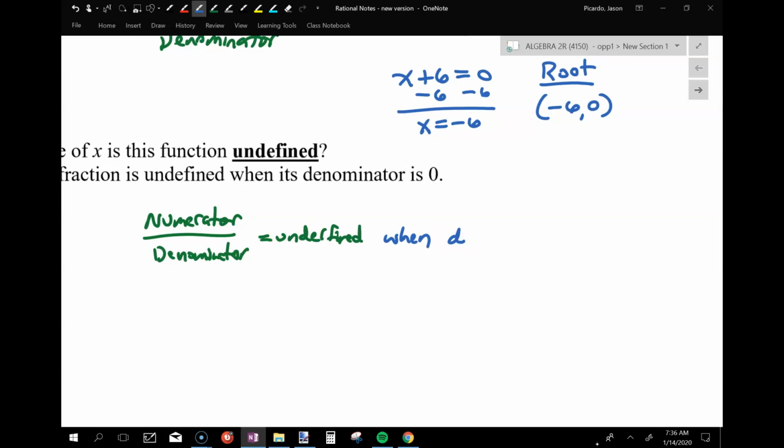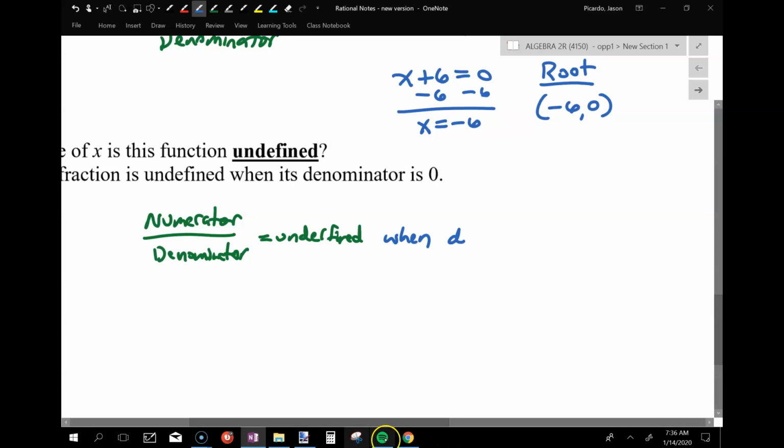Because why? We're never allowed to have the denominator equal 0. And so if it does, the function is undefined, right? Undefined. All right, so in this case, it's x minus 3, right? So I get x equals 3.